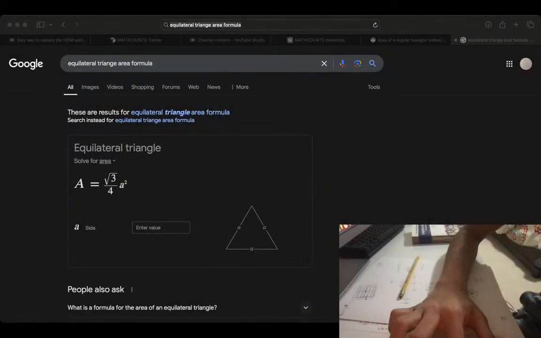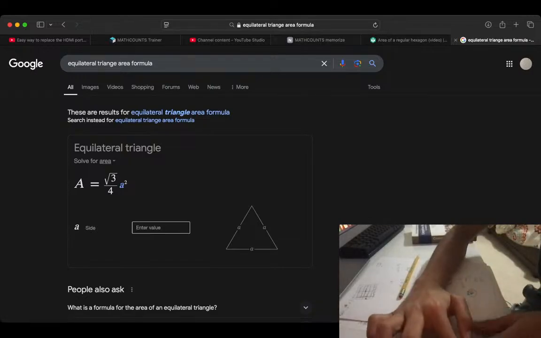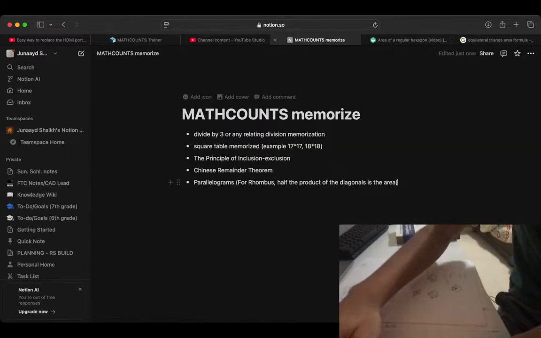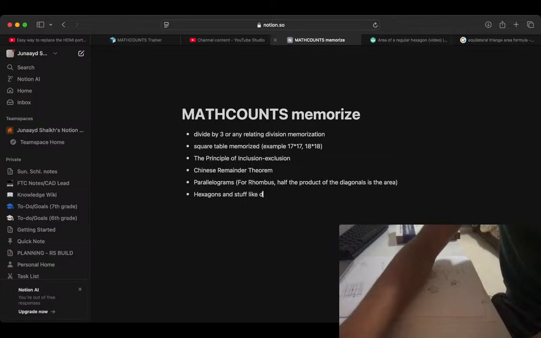Okay guys, I have learned for the third time, but this time, just because I'm not in a hassle. Actually, let's go hexagon and stuff like radius. Look up the formula for a regular hexagon.